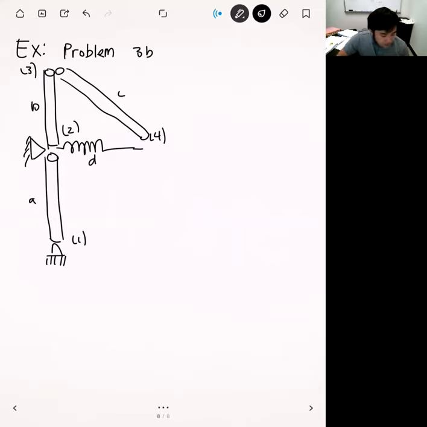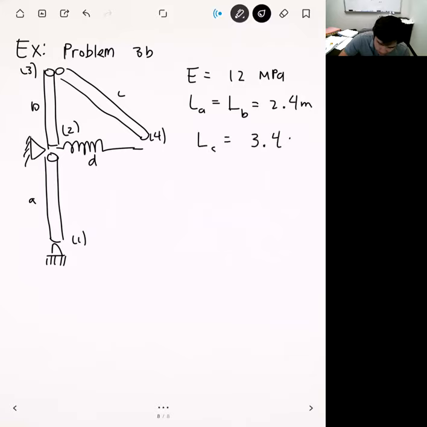We also have the material properties. I think what I said was that the Young's moduli for all the elements is the same, so we're going to assume the Young's moduli are 12 megapascal. The lengths of the elements, which are relevant for the trusses only: for A and B we have the same length, 2.4 meters. Meanwhile, element C will be 3.4 meters.